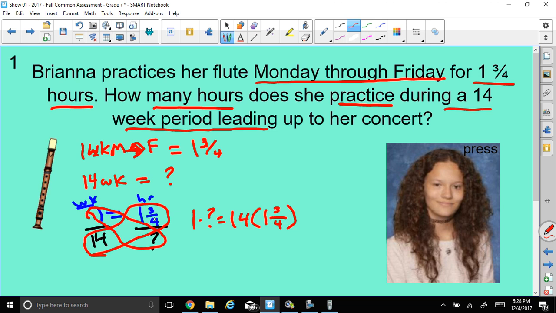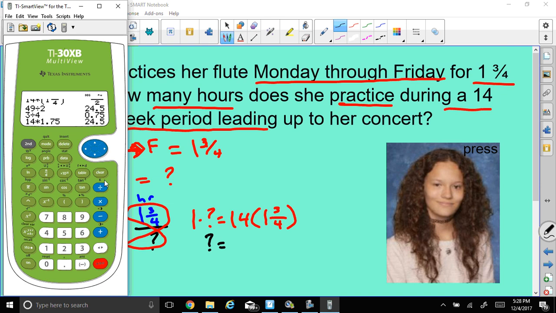So this will give us our answer if we can multiply. So 1 times question mark will be question mark. Let me get my calculator out because we're allowed to use our calculator on this test. So let's clear this out. So 14 times, parenthesis, and now I got 1 3/4. So you can use your ABC button.